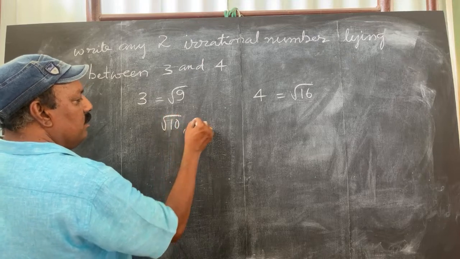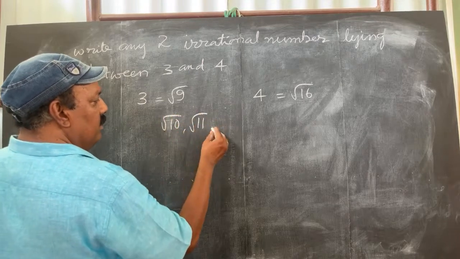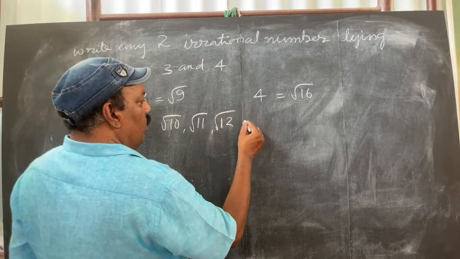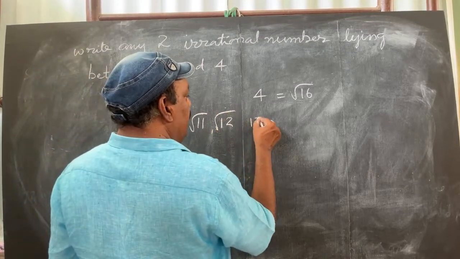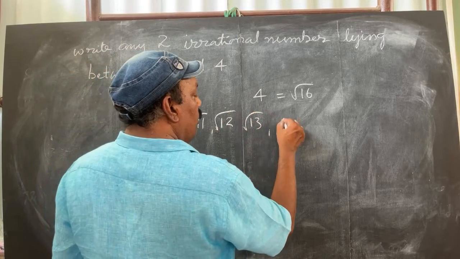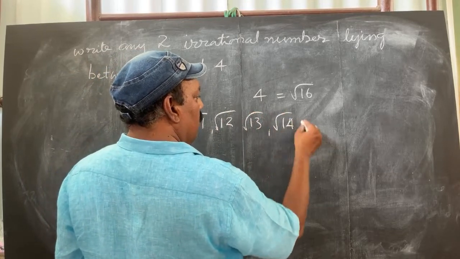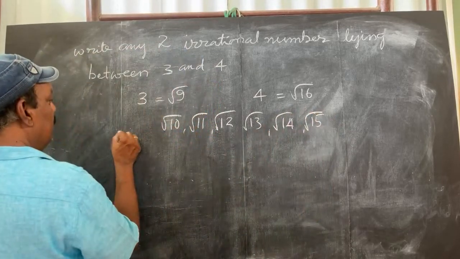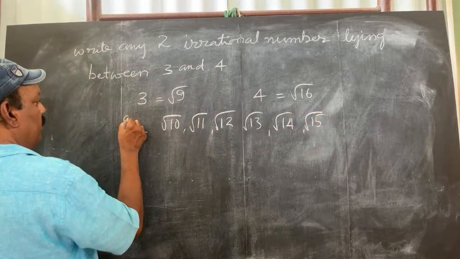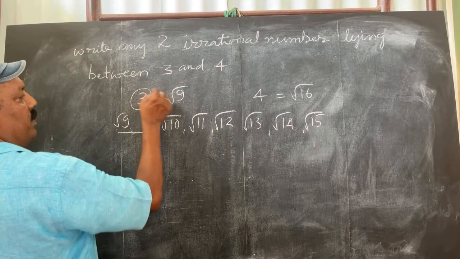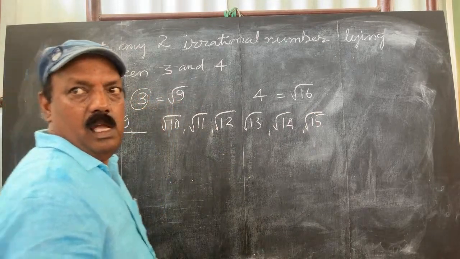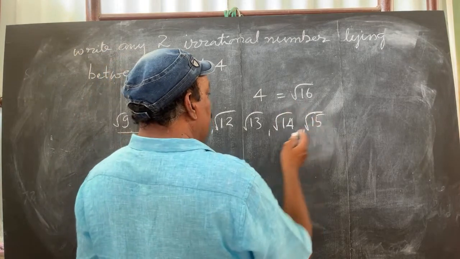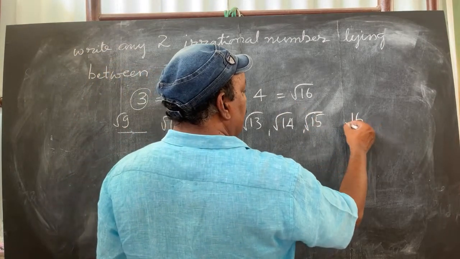Root 10, root 11, root 12, root 13, root 14 and root 15. That means 3 we got from root 9, and 4 we got from root 16.